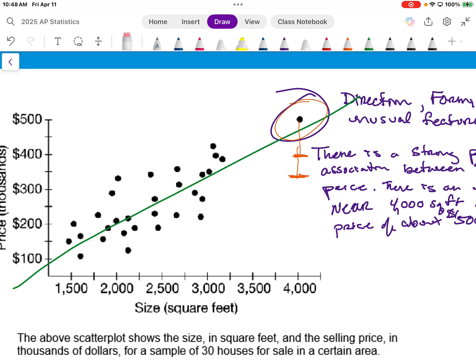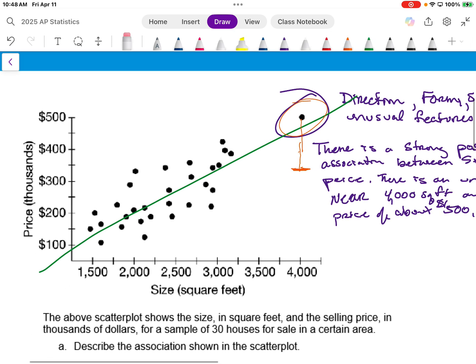So we need to talk about it in two ways. First, the R value: how did it change, and how do we know? Then we have to talk about what it is going to do to the chi-square statistic. We can't just say it's going to increase or decrease, one word.